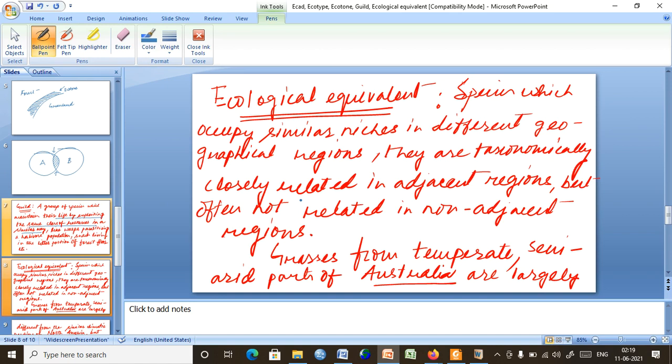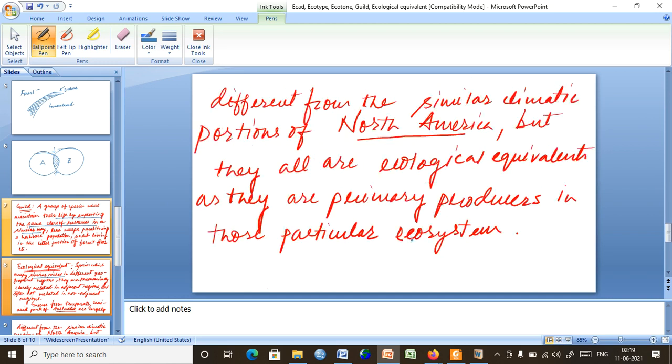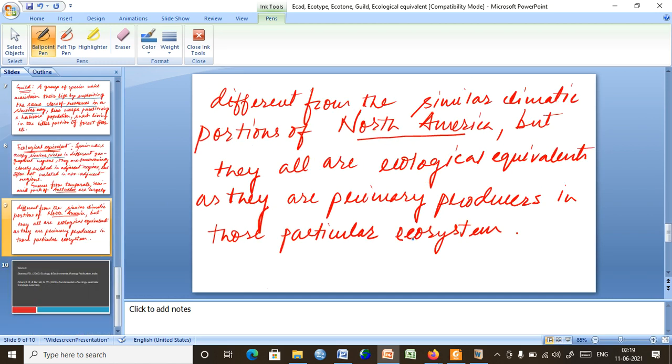But they occupy similar niches. This establishes the ecological equivalent. Like grasses from temperate semi-arid portions of Australia are largely different from the similar climatic portions of North America, but they all are ecologically equivalent as they are the primary producers in those particular ecosystems.